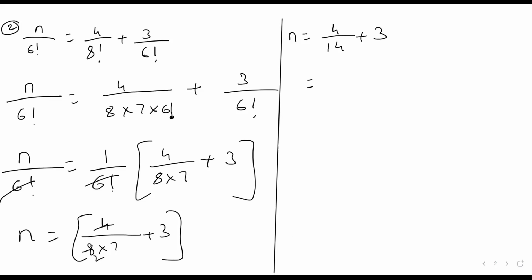So if I cross multiply, I will get 4 plus 42 upon 14. Sorry, this is not 4 upon 14. This will be 1 upon 14 plus 3. This will be 1 plus 42 upon 14. This will be 43 by 14. This is your answer.